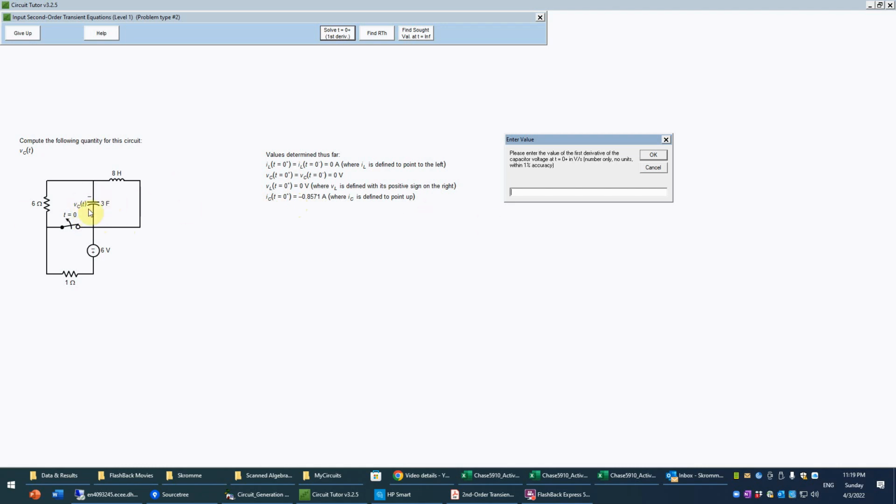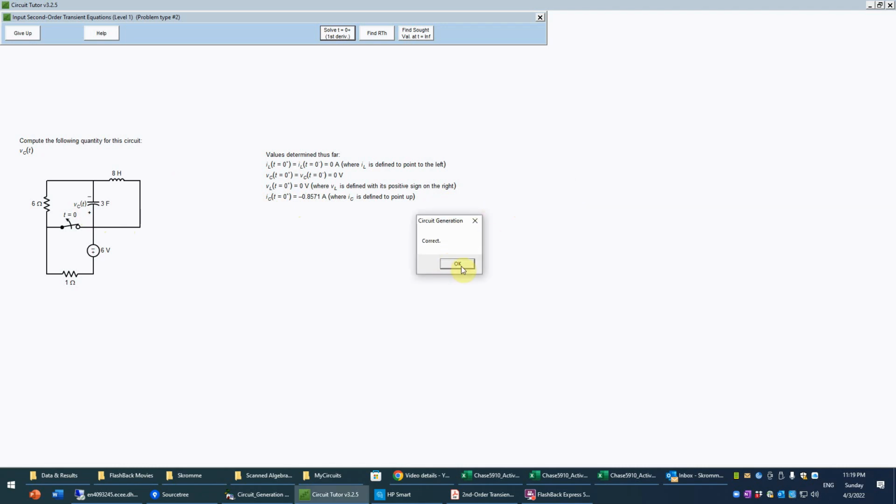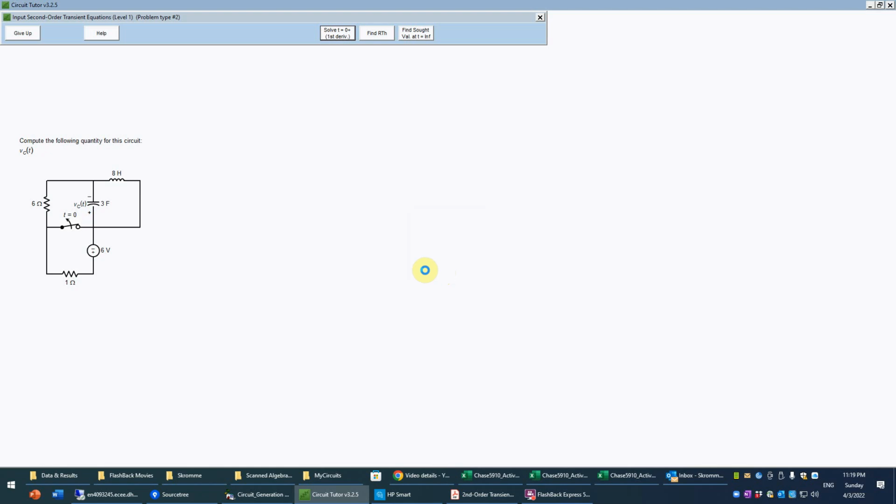That's just from the property of a capacitor. So we divide this by 3, and computing that, that'll be minus 0.2857. Probably don't need that many digits, but it'll get rounded. Okay, so now we've finished the necessary analysis at 0 plus.